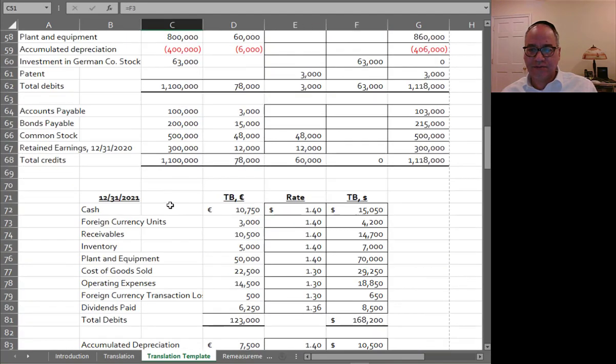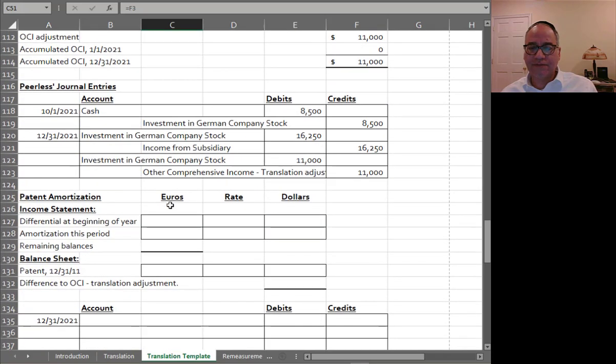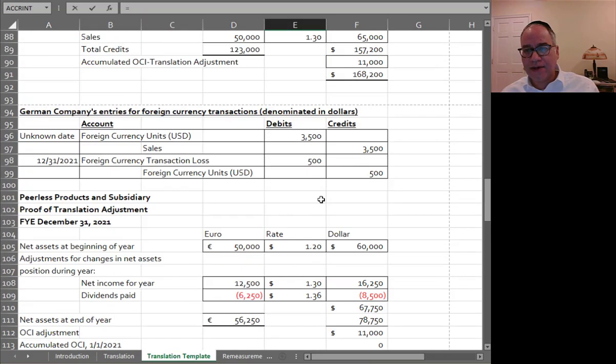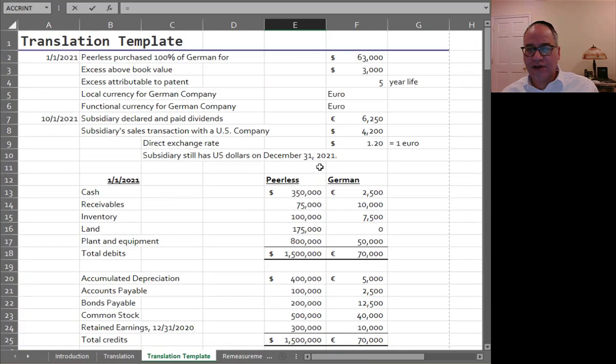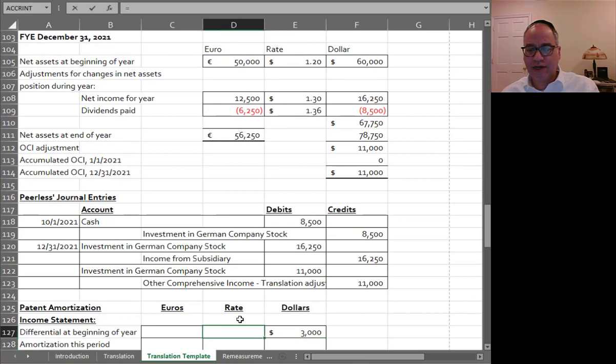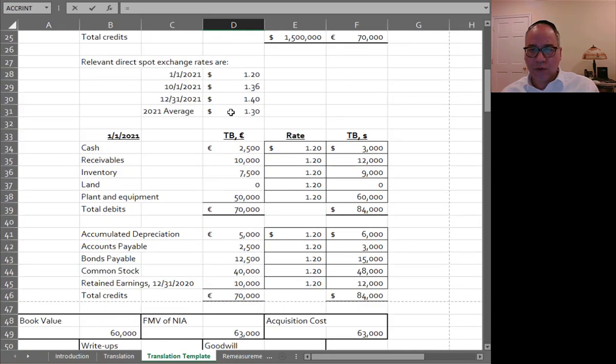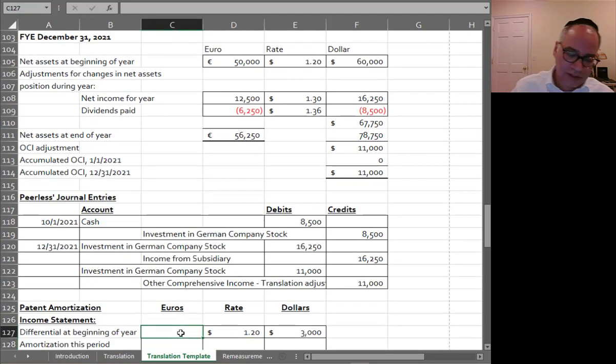like I wrote here. So what we have to do is figure out the new value of the patent. Originally, the patent was booked at a $3,000 value, and the exchange rate at the time was $1.20. So in euros, it had a value of 3,000 divided by $1.20, or 2,500 euros.